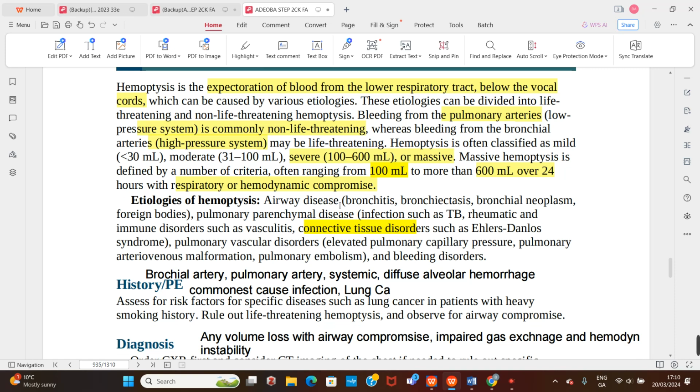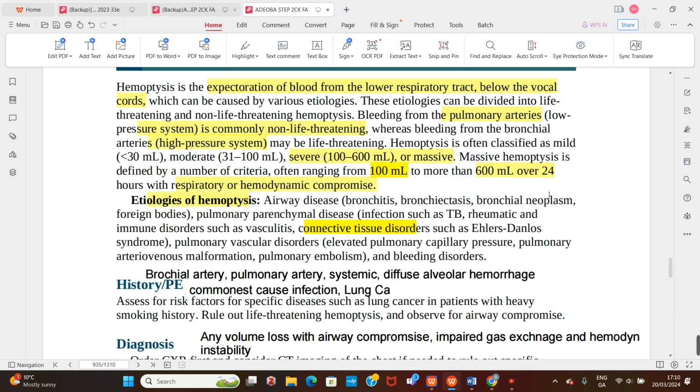So, what are the etiologies for hemoptysis? Just categorize it. The airway, and the airway that we are talking about is majorly the bronchus. We look at the pulmonary vessel, we look at the pulmonary parenchyma, then we look at systemic.